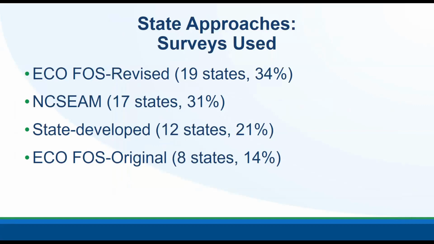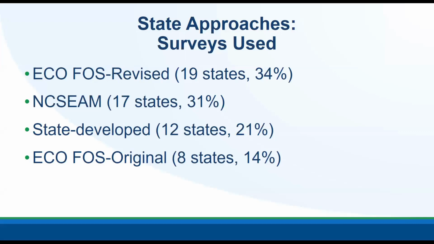So the Early Childhood Outcomes Center, or ECO, Family Outcomes Survey Revised, was used by 19 states. And the next most frequent survey was developed by the National Center for Special Education Accountability Monitoring, and we just have that abbreviated NCSEAM survey, the second highest with 17 states, or about 31% of states using that tool.